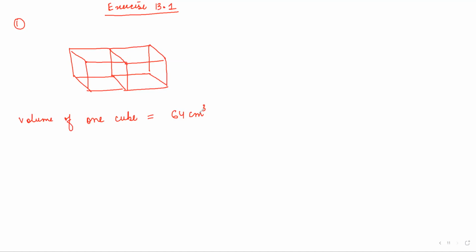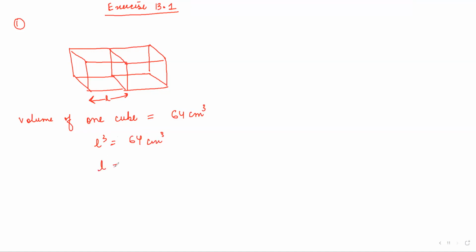So first of all, let us consider a single cube and let us try to find the length of its side, right? So if this is, let's say from here to here, if I call it L, the length of this cube. So volume of cube means L cube is equal to 64 centimeter cube.